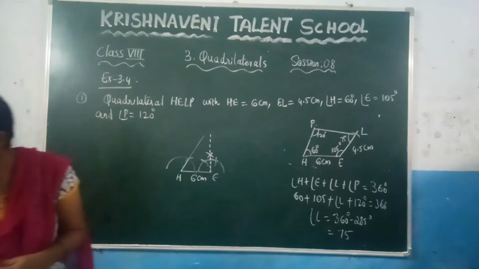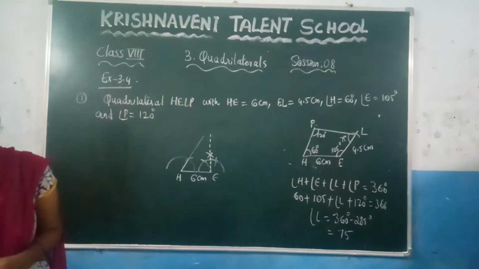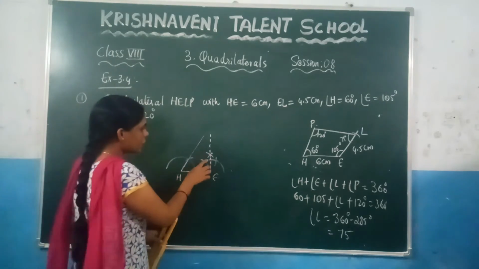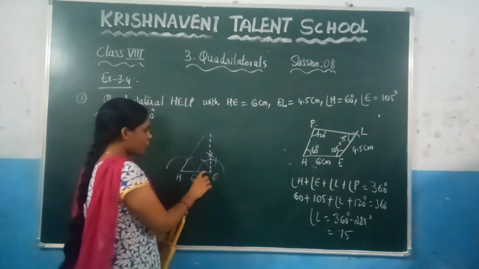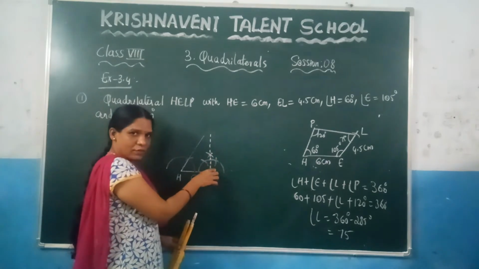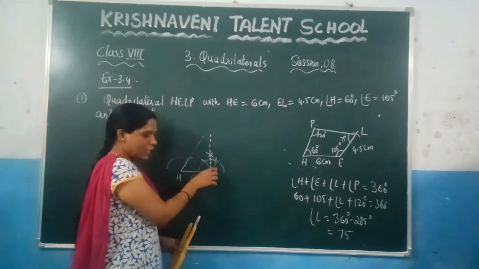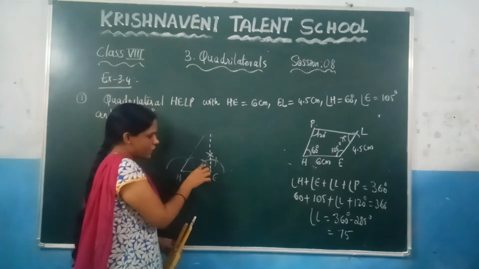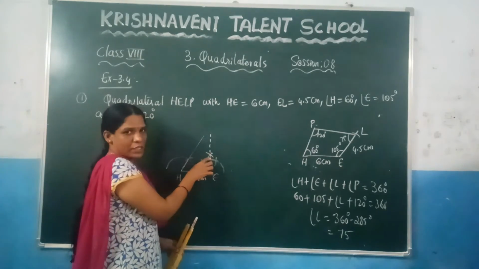So here now we got 90 and 120. Where is 90? This is nothing but 90. First what we have done? We have made an arc of 60 degrees and after that again we have drawn one arc which is 120. This is 60 and this is 120. In between 60 and 120 you will have 90 degrees.